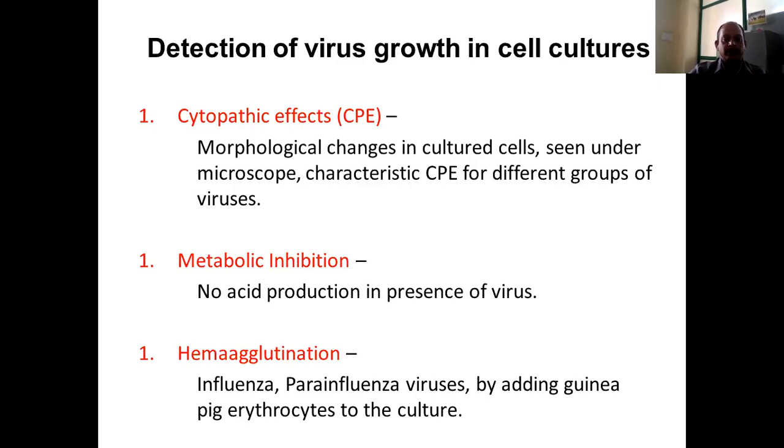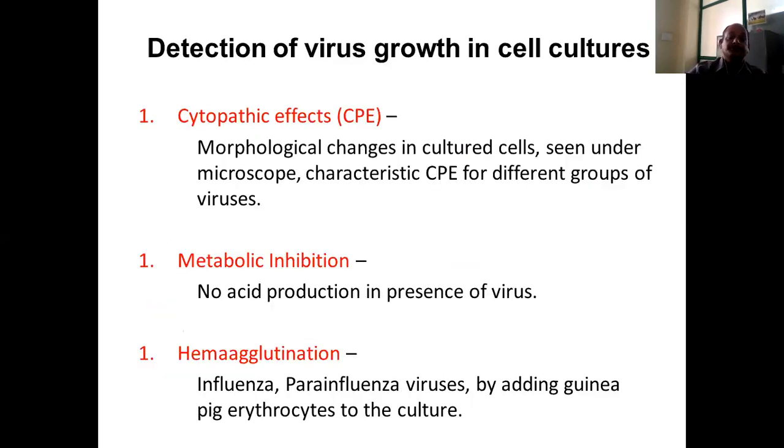They can agglutinate RBCs of birds, humans, and mammals. So if you add RBCs to this culture, these hemagglutinin spikes are going to attach to the RBC receptors and agglutinate the RBCs, which is going to show you hemagglutination. This is how we can understand the cytopathic effect produced by the particular virus, and we can identify that this is an influenza virus.